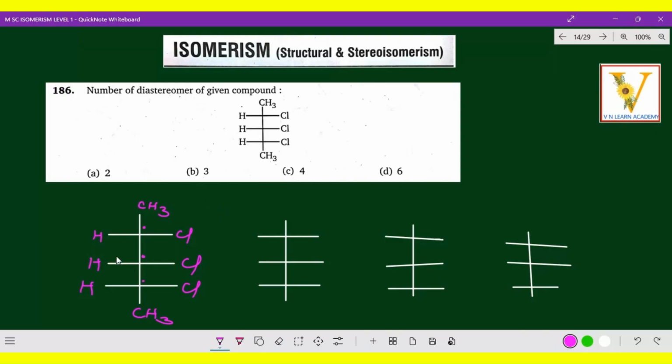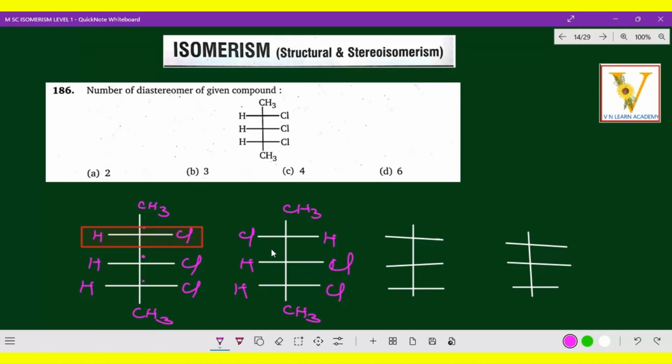Now let us change one position. In this position, we change it so that here is CH3, here also CH3, and then here Cl, H, here the same H, and here Cl, Cl, here H, Cl. So this part has changed.